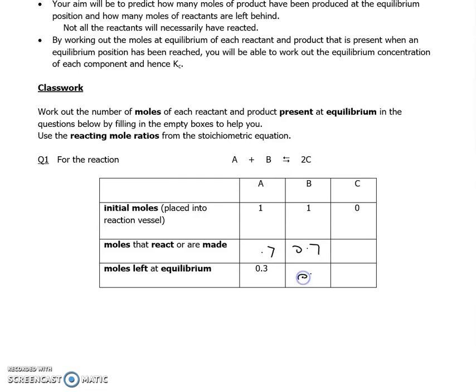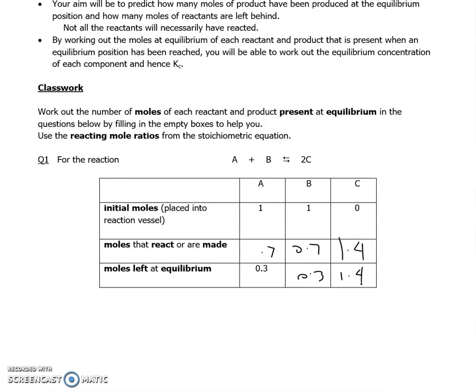So this means that at equilibrium you'll be left with 0.3 moles of B. Now, when it comes to C, it's slightly more difficult because you've got a 1-to-2 ratio between A and C. So if you've reacted 0.7 moles of A, then you have formed 1.4 moles of C. And so that gives you that number of moles at equilibrium.